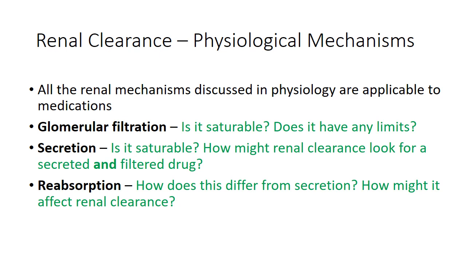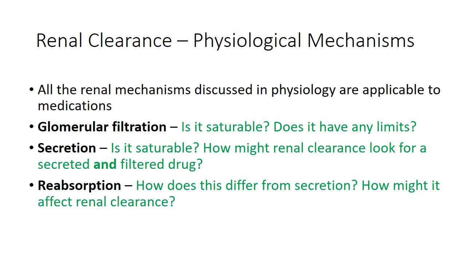Secretion, hopefully you remember what secretion is. Is that saturable? And how might renal clearance look for a drug that is both secreted and filtered, something that undergoes both routes of removal? Glomerular filtration and secretion are both ways of getting rid of a drug and placing it into the urine.